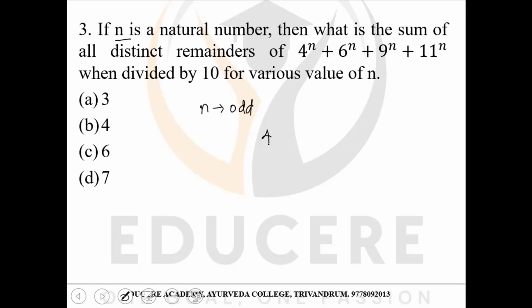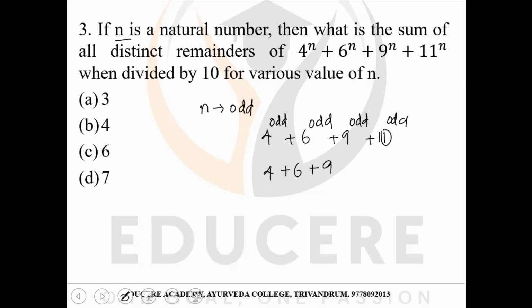Suppose n is odd: 4 raised to odd plus 6 raised to odd plus 9 raised to odd plus 11 raised to odd. 4 raised to an odd number has unit digit 4 itself. You can substitute: 4 raised to 1 is 4, 4 raised to 3 is 64, so the unit digit is 4. 6 raised to any power is 6 itself. 9 raised to an odd number is 9 itself.